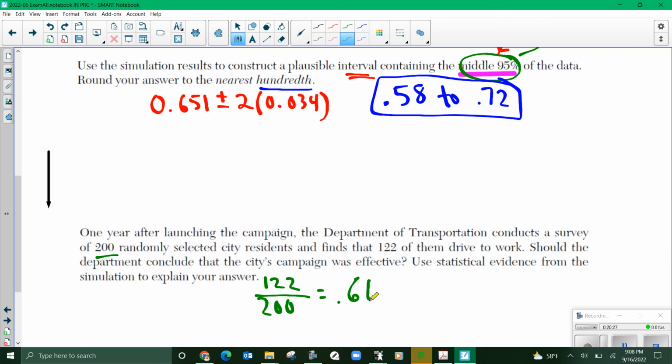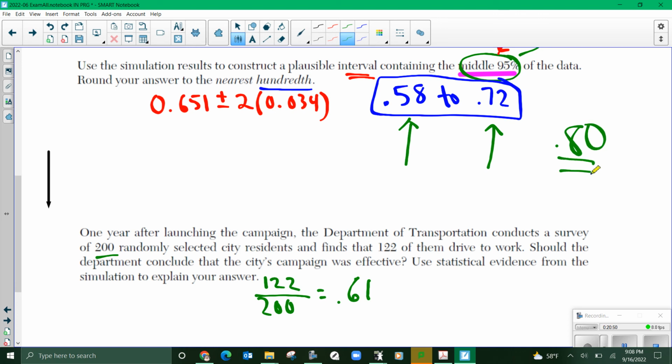So, was their campaign effective? Let me explain something to you. This interval contains the middle 95% of people that drive to work, meaning that's normal. If we have a number that's not in that interval, like if I had 0.8, that's something unusual.